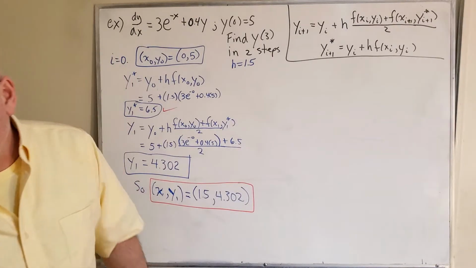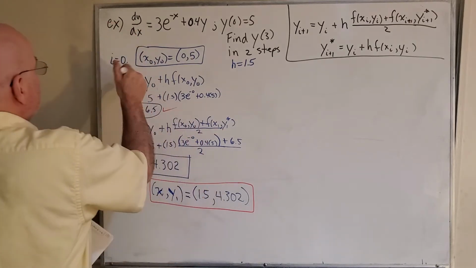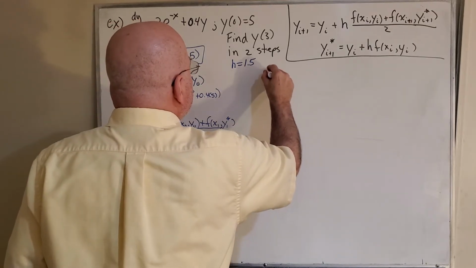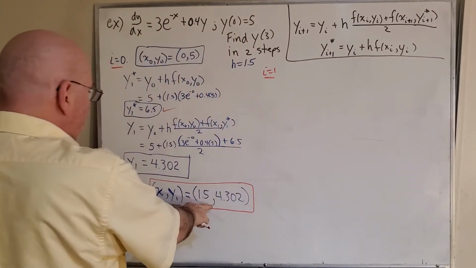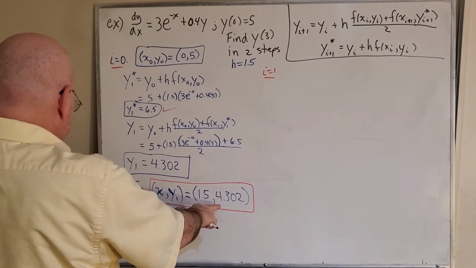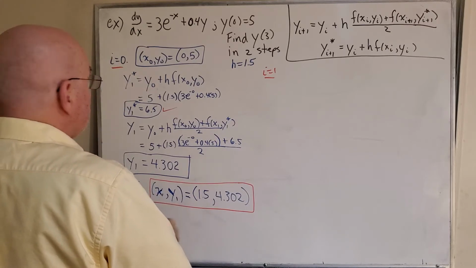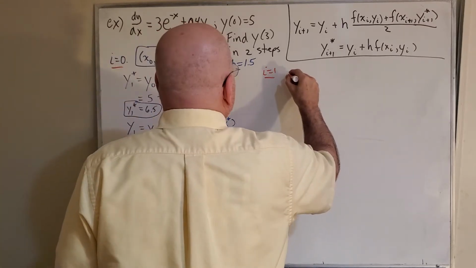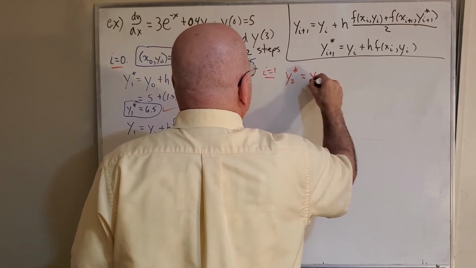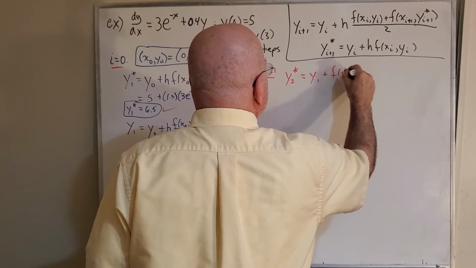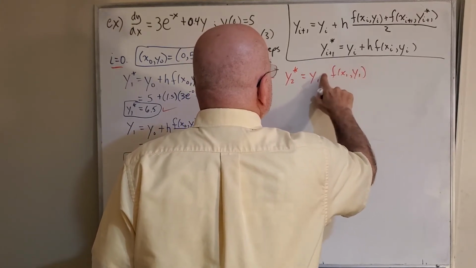All right, now we're going to go up to the case where this was i equals 0. Now we'll go i equals 1, and we're just basically going to be doing the same thing. We know x1 and y1, and I'm going to have to refer to those. And I'm going to write this as y2 star is equal to y1 plus h times f of x1, y1, and I left off the h.